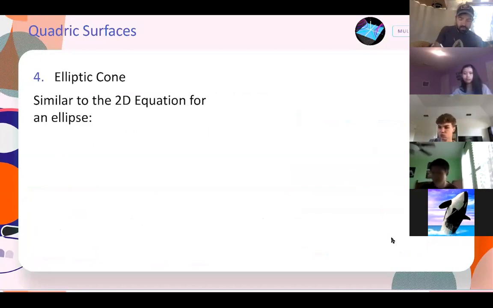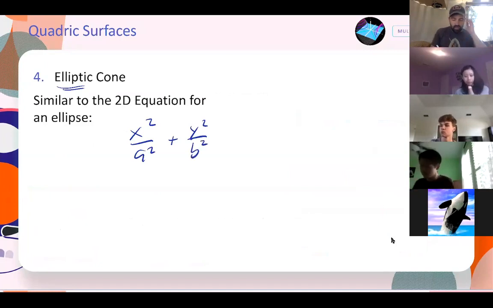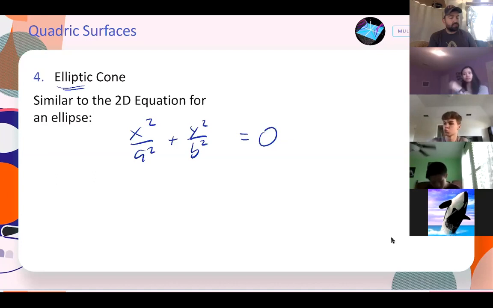In this case, we're going to start with an equation for an ellipse, x squared plus y squared over b squared. The only difference is we're going to start with an ellipse with a 0 on the left, which really isn't an ellipse, right? That's a point. There's only one place where that thing will be true, and that's x equals 0, y equals 0. But it's similar to the equation for an ellipse, and it will become more than a point when we just add in, similar to what we did in getting the hyperboloid of 1 sheet, a minus z squared over c squared.